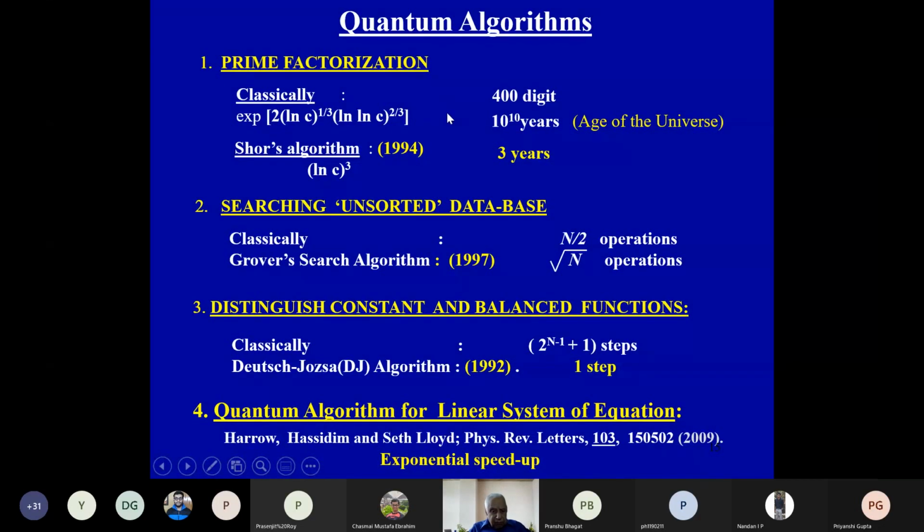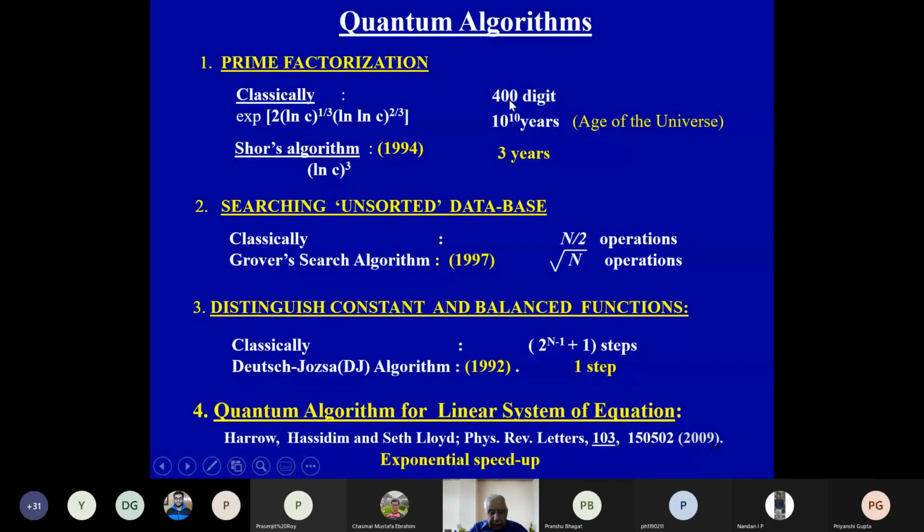For example, one of the very important applications which is still being searched is called prime factorization. Classically, the prime factorization complexity increases exponentially as the number of digits goes up. The point is, you want to find out what are the factors of a big number, and if you use a classical computer, it will take the age of the universe to factorize such a big number.